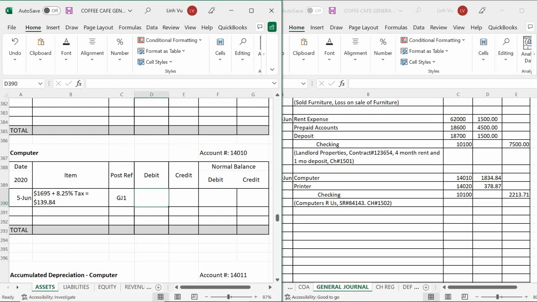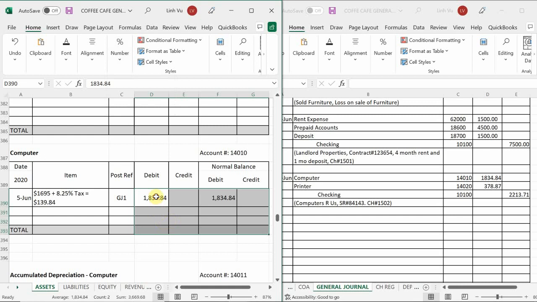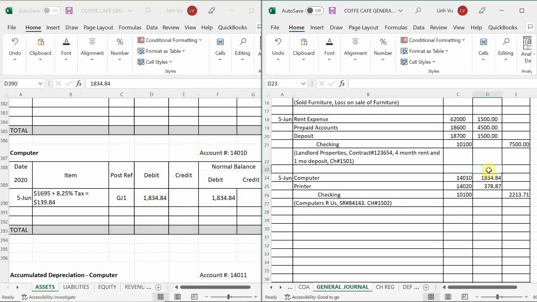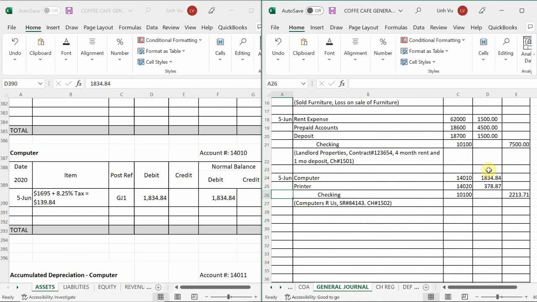Okay? So again, you can either do the math here or you can just verify on your journal that it is correct. So $1,834.84 is my actual total cost of my computer. I'm going to double confirm that I did put the tax correct. Was it $139.84? Yes, it was. Okay.